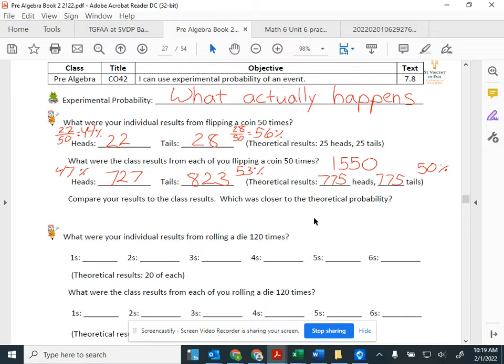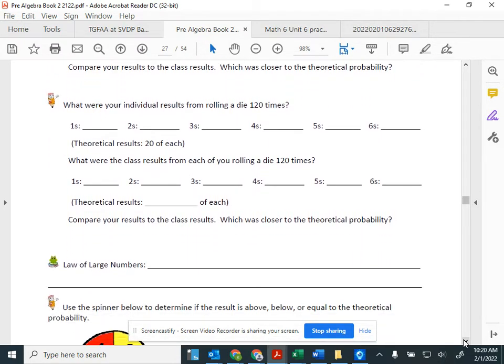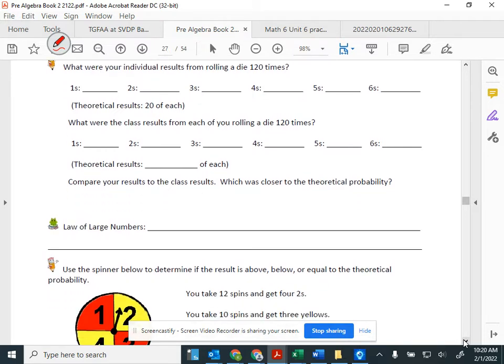So let's look at our dice. I should have written on here class results because the class results were closer. You should have written your individual results from rolling the die 120 times.